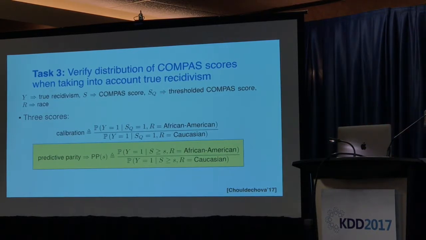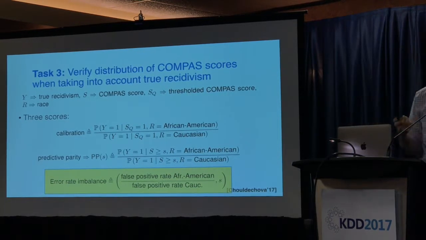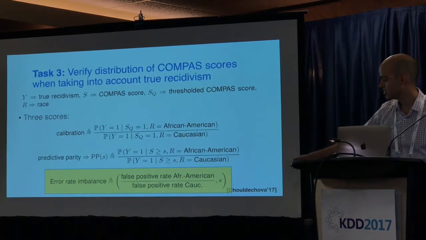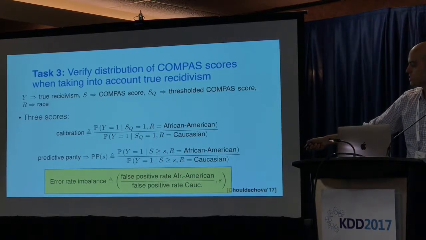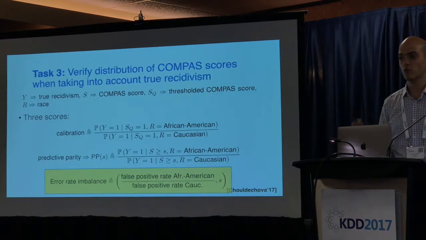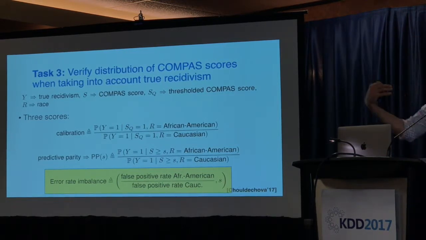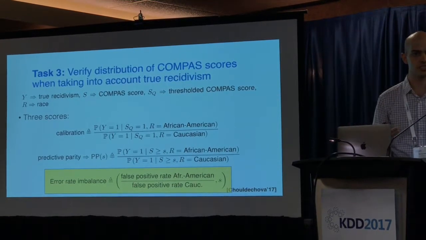And the last thing that's in the notebook that you might be interested in analyzing is the error rate imbalance. What that means is that for different decision thresholds S, what is the false positive rate for African Americans divided by the false positive rate for Caucasians? Is there a difference? Do you observe, for example, across all thresholds, a much higher false positive rate?